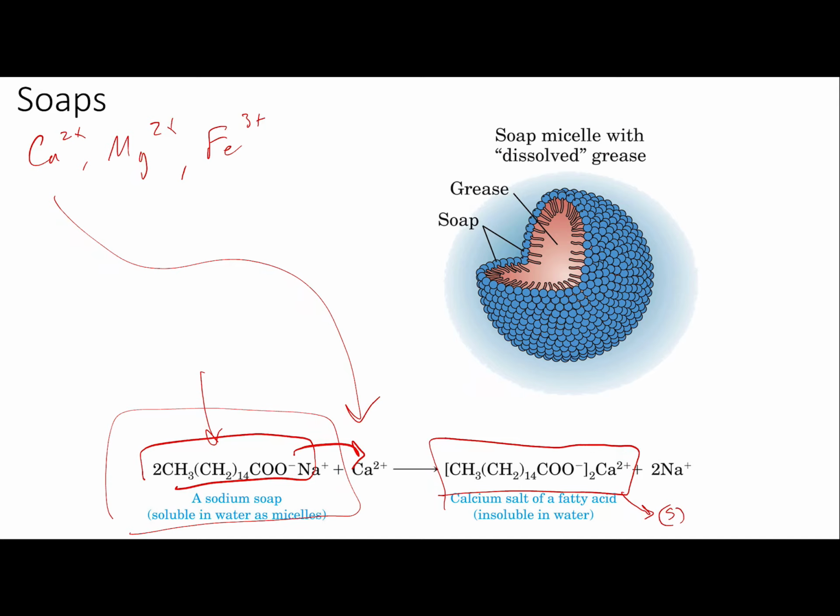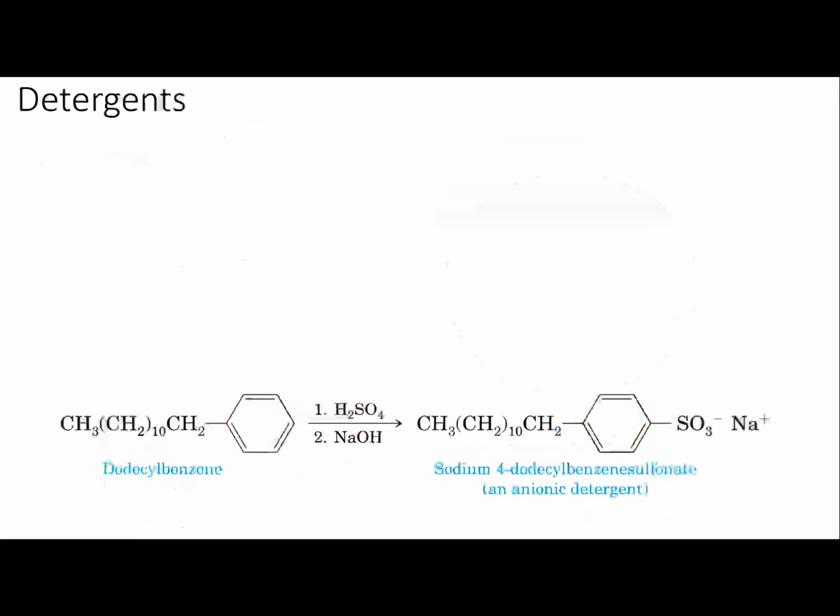So part of the problem with that hard water forming those solids was actually overcome by detergent companies by using a molecule containing a sulfonate group. A sulfonate is an SO3 minus group.